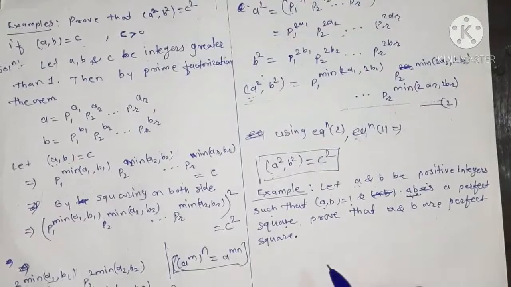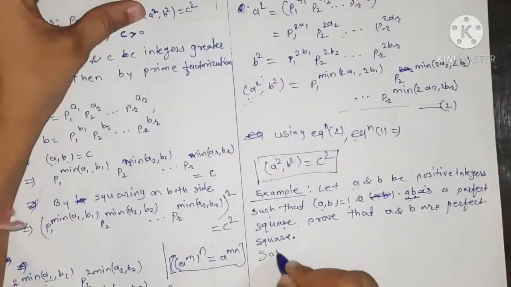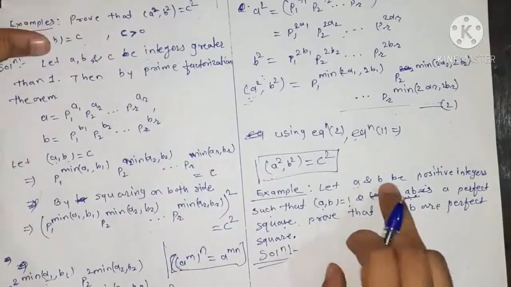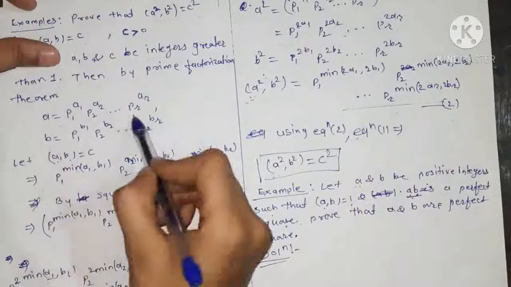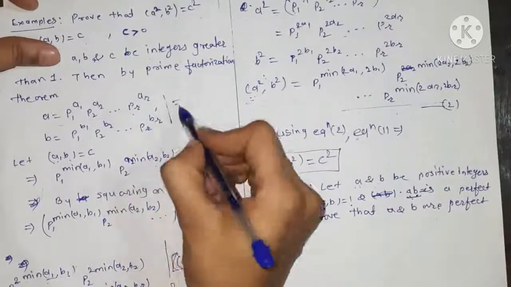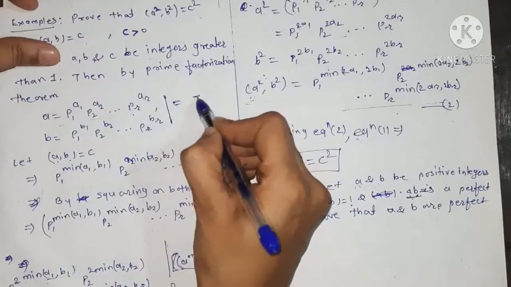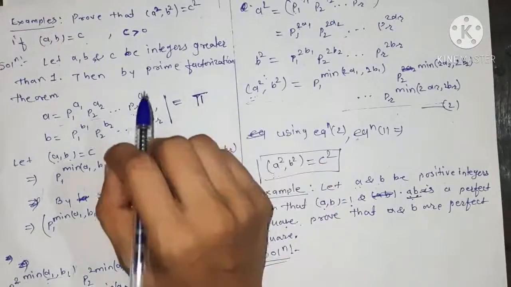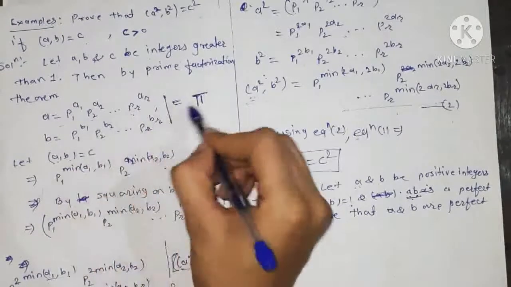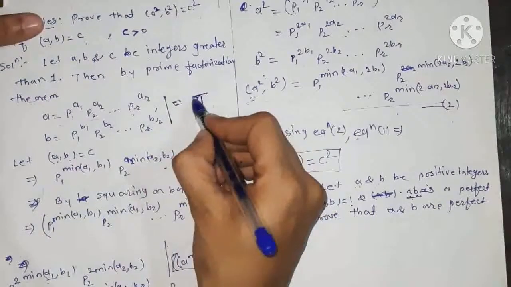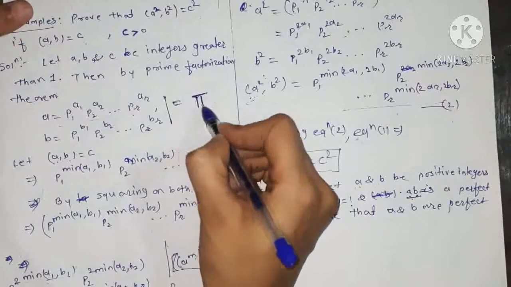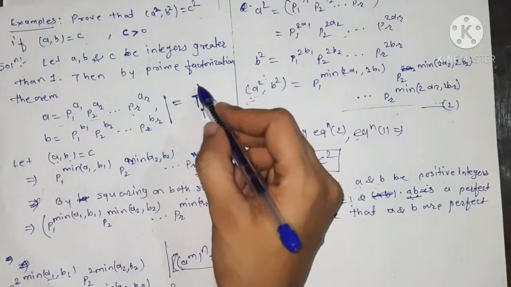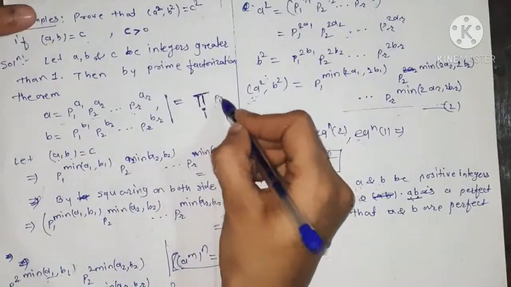Okay, so let's see the proof here, that is the solution. For this, we take a and b in the prime factorization form. The product can be written in the summation-like form: for the product we write the capital pi, running over i from 1 up to r, pi to the power ai.